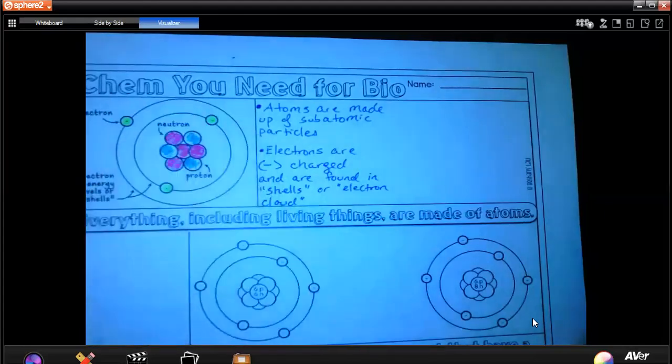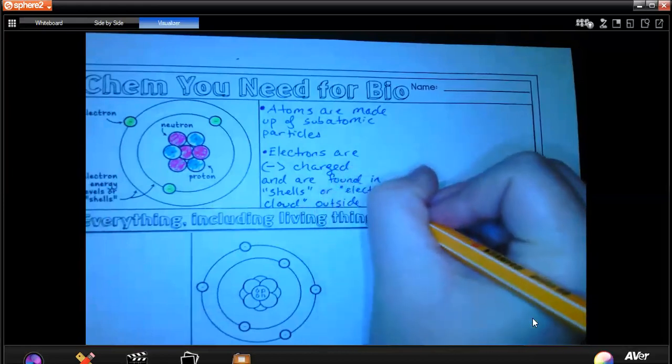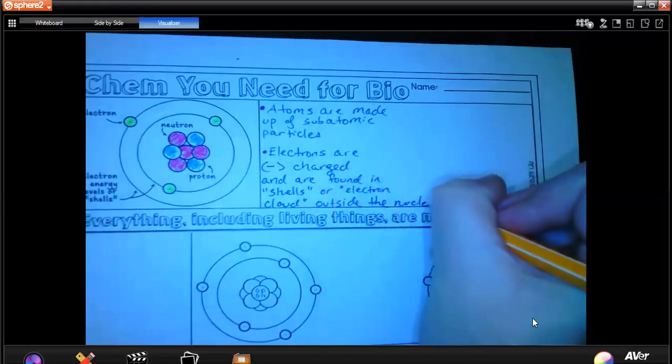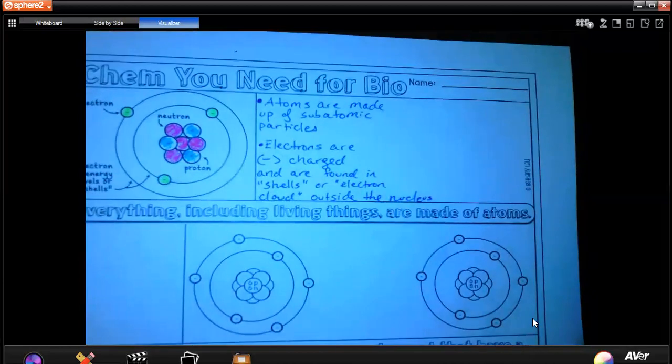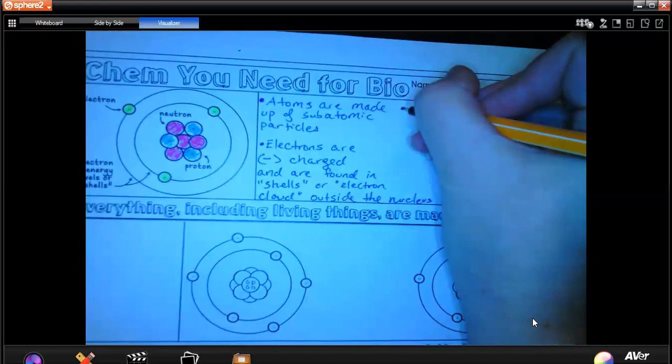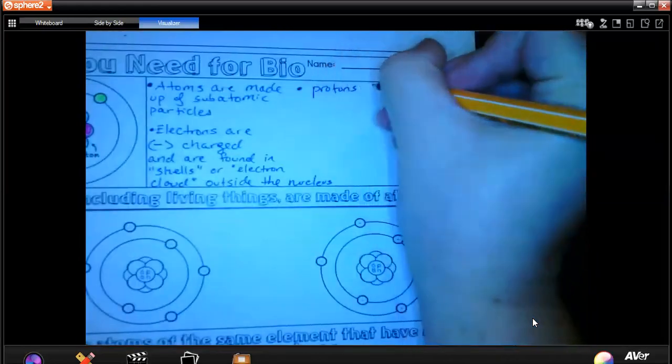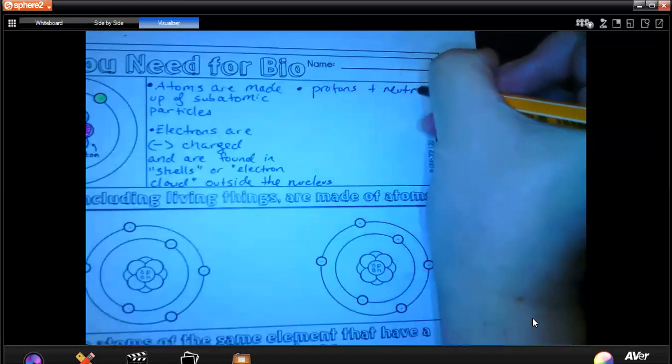Because at no given time can you ever say exactly where an electron is, they just call it an electron cloud, and this is outside the nucleus. Protons and neutrons, we know, are found in the nucleus.